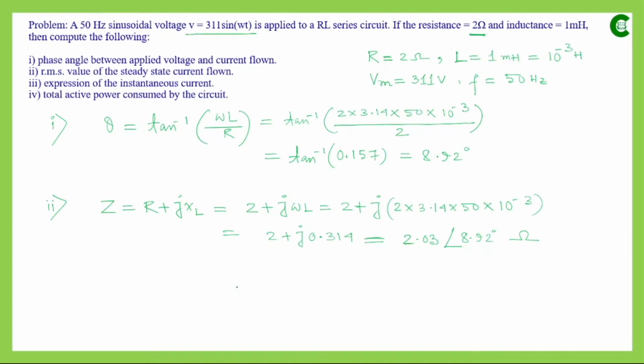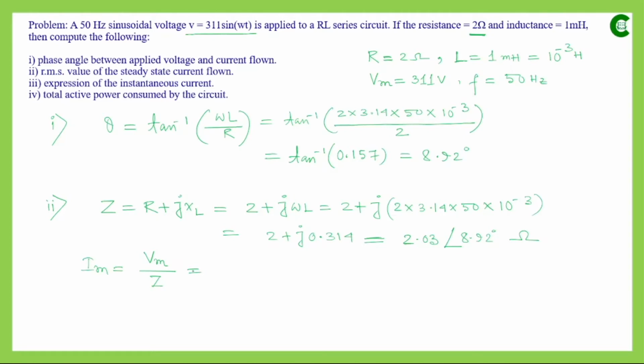Now by using this impedance value and the voltage value given in the problem statement, we will first find out the peak value of the current. Peak value will be the peak value of the voltage divided by the impedance value.